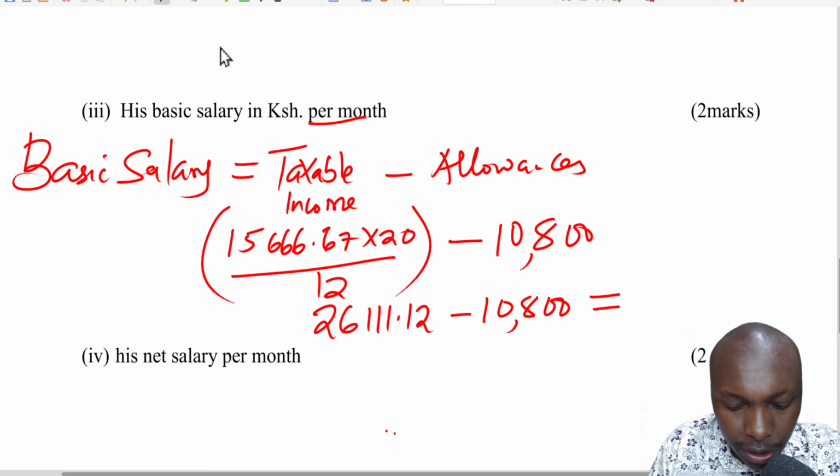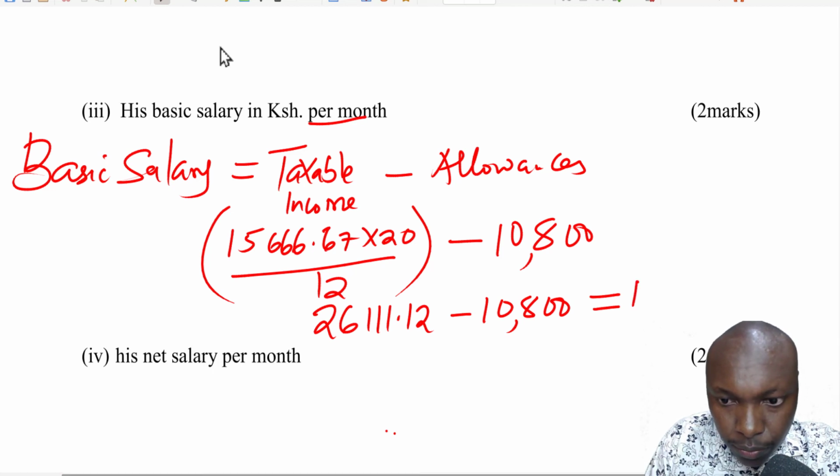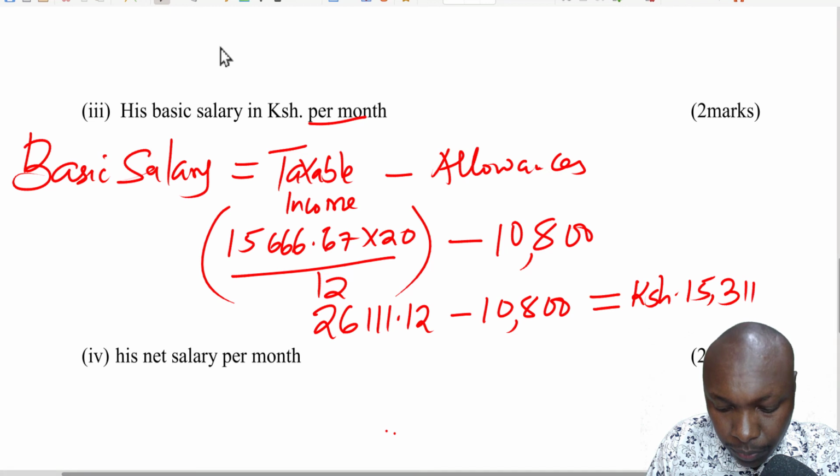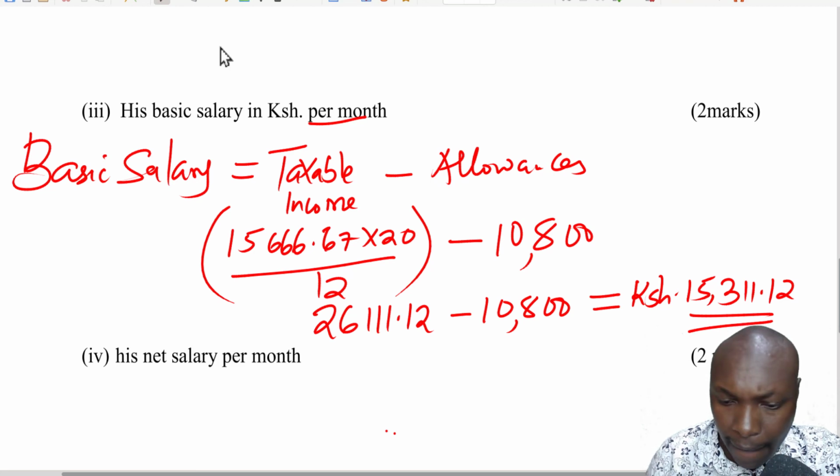Then subtract 10,800, and this one will give 15,311.12. So that is the basic salary.